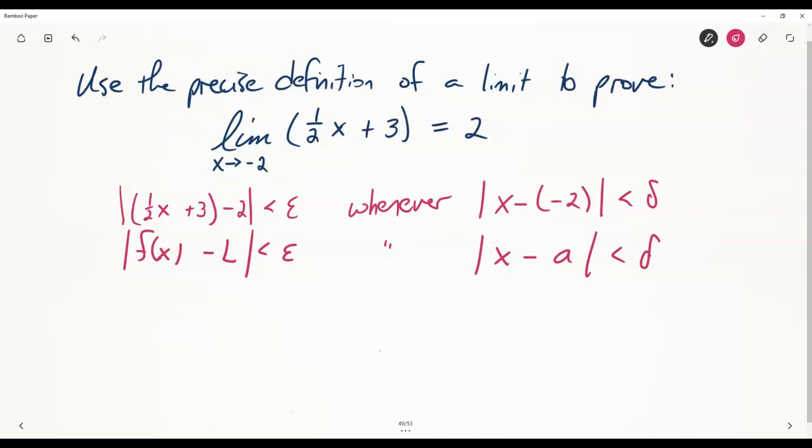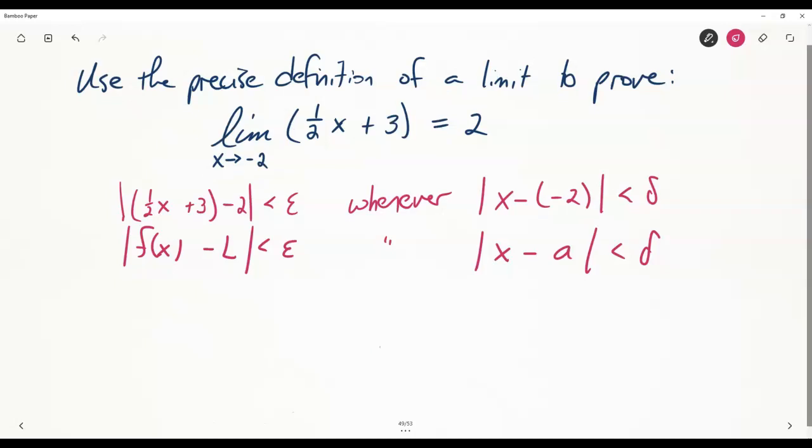Epsilon is going to be any positive number. Doesn't matter what it is. We have to figure out how we pick delta. This is the key part of this first problem. How do we pick delta, based off of an arbitrary selection for epsilon? Here's how we do it.